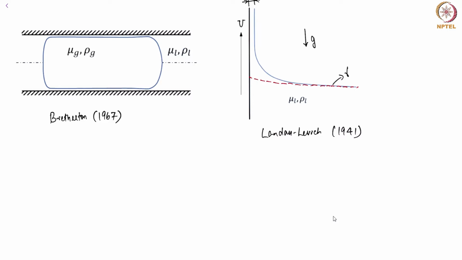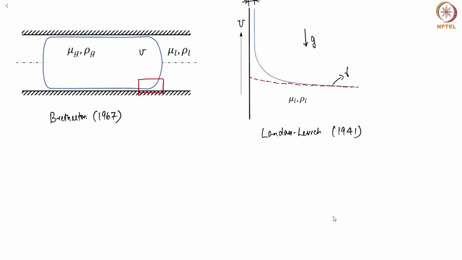Now, in the same way, if you look at the Bretherton problem, let's look at the region close to the plate. Let's focus on this region. If the bubble is moving to the right, then it's more convenient to make the bubble stationary and analyze the problem in the frame of reference of the bubble.